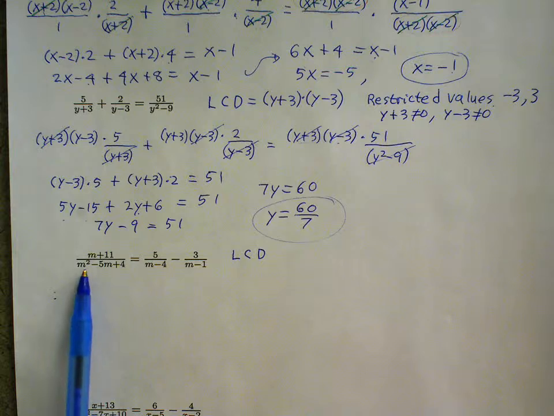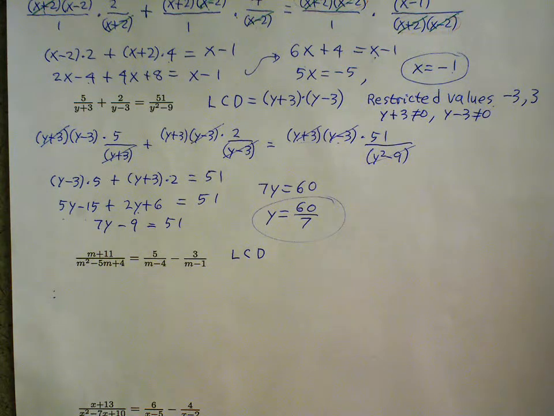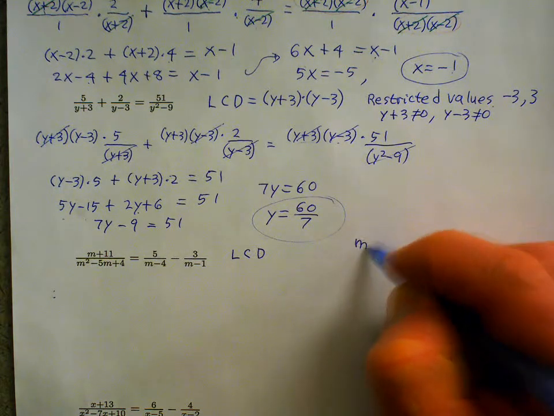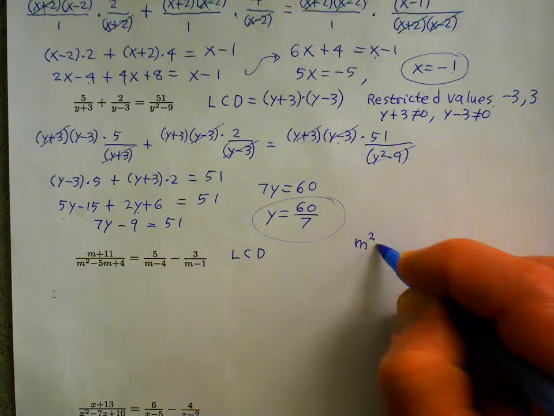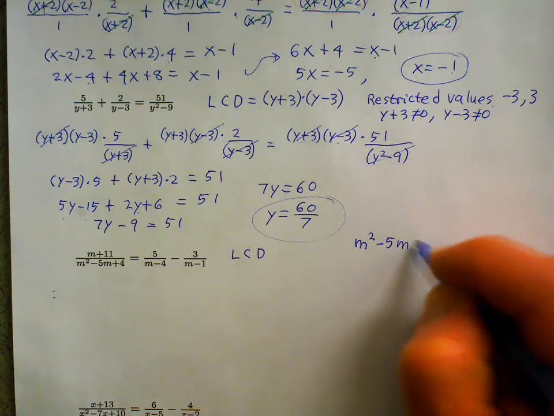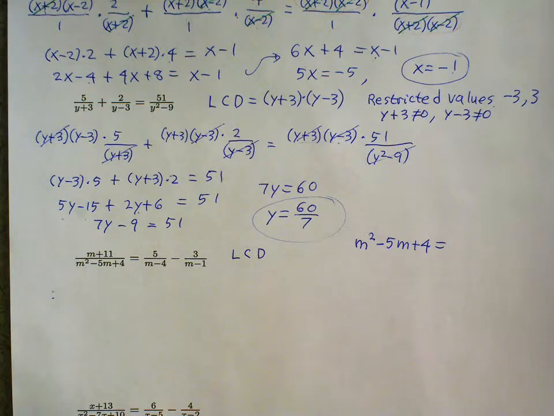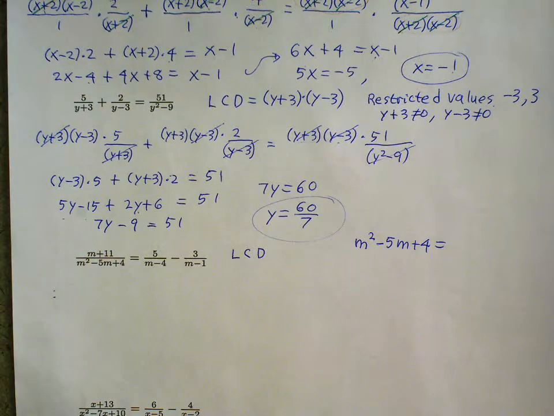Well, if we can find the factors of m squared minus 5m plus 4, that will help. So what are the factors of m squared minus 5m plus 4?